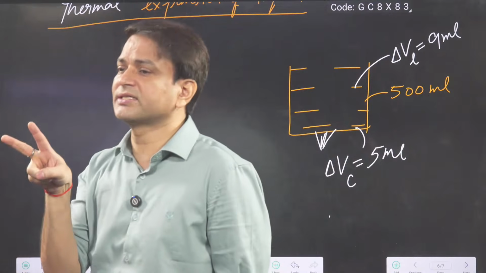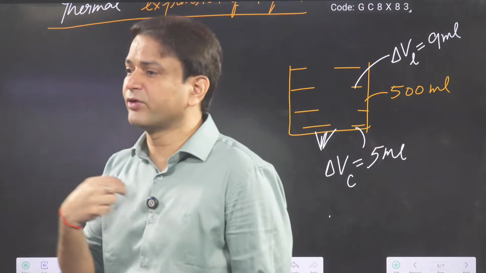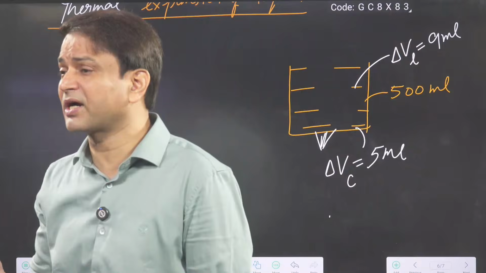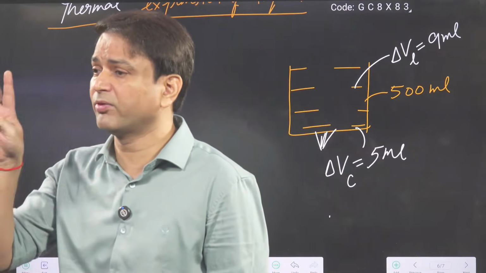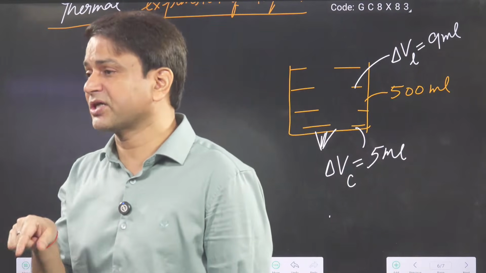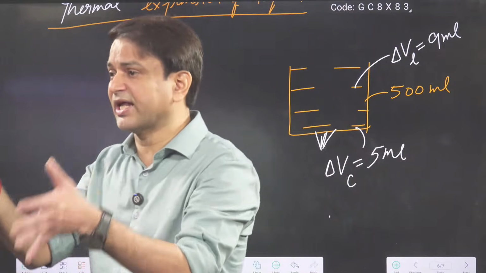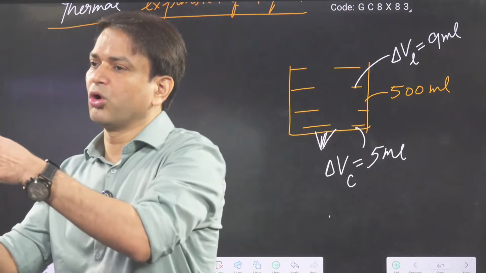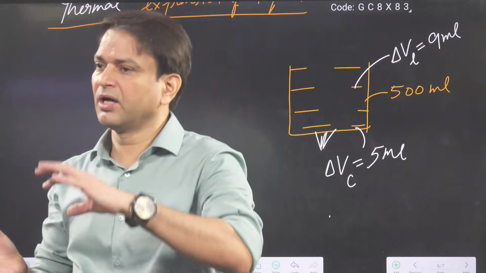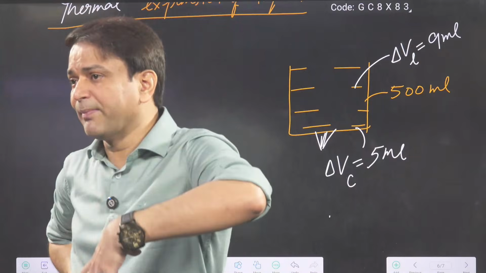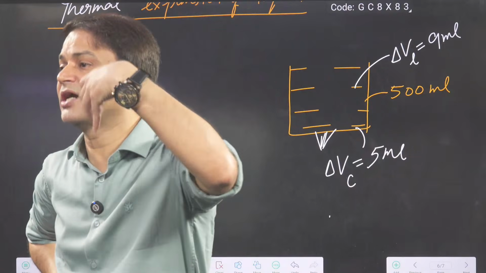So two things are there. One is the apparent expansion that we observe, which according to the given data is 4 ml. And the real expansion means how much the liquid actually expanded. To measure this, you put the whole liquid in the measuring flask. You will get 509 ml.